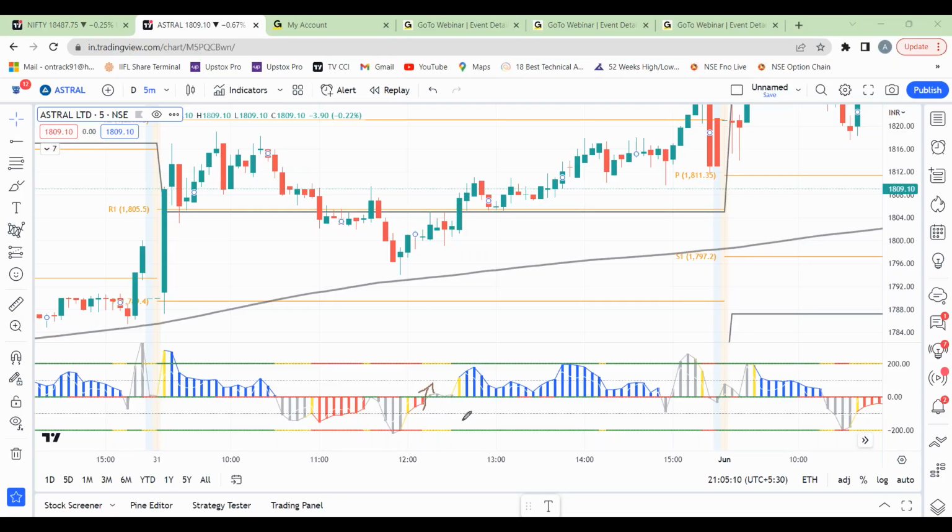When Woodies gives a signal and you have any red candle in this uptrend, the next candle which breaks the high of this red candle, I say only the body, I don't consider wicks, I consider the body of the candle.